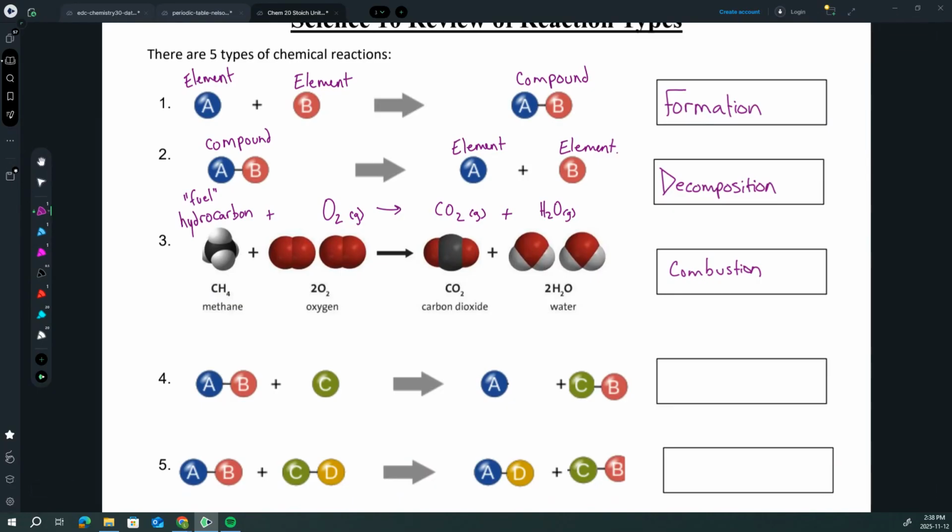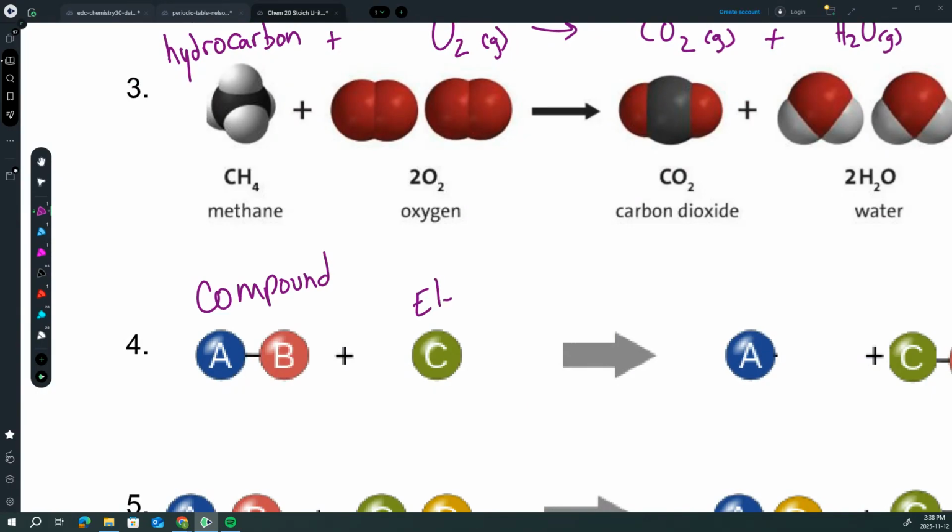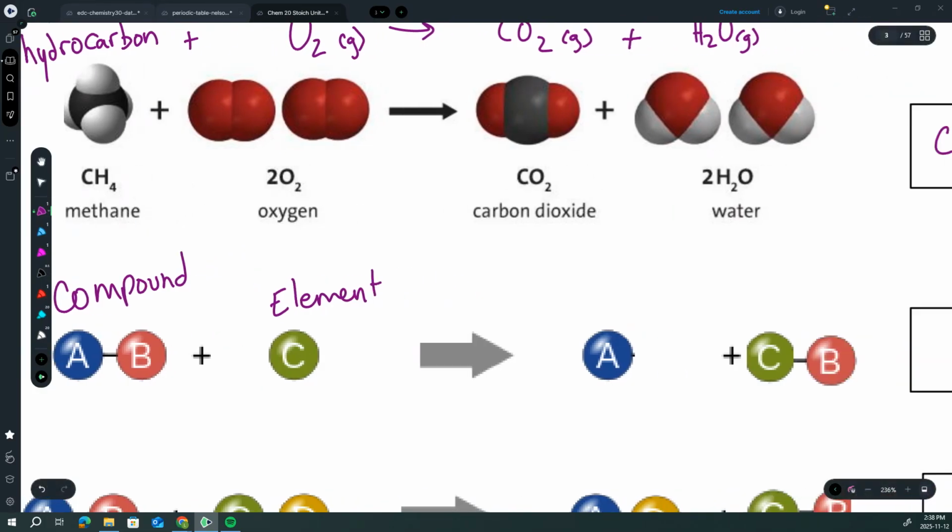Okay, so for reaction number 4, we have a compound reacting with an element to produce some new element and some new compound.